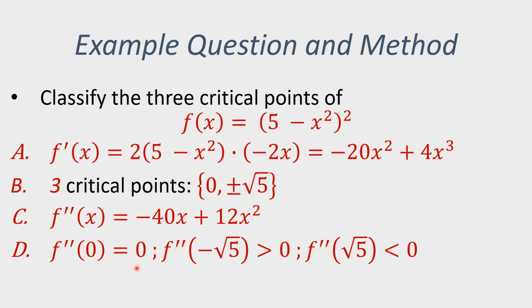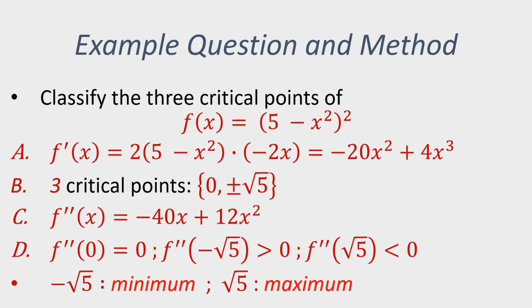So we can't deduce anything about the behavior of this function at that particular critical point. When we evaluate this function at minus the square root of 5, we get a positive value. When we evaluate it at the positive square root of 5, we get a negative value.